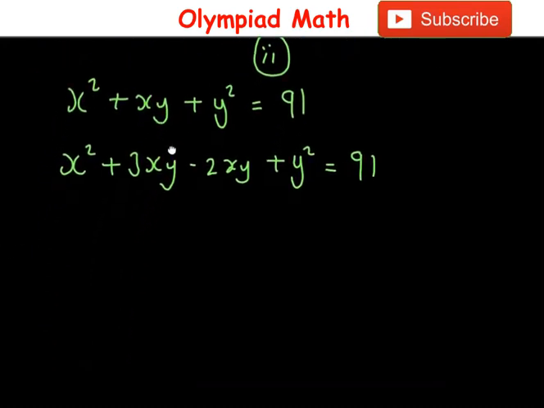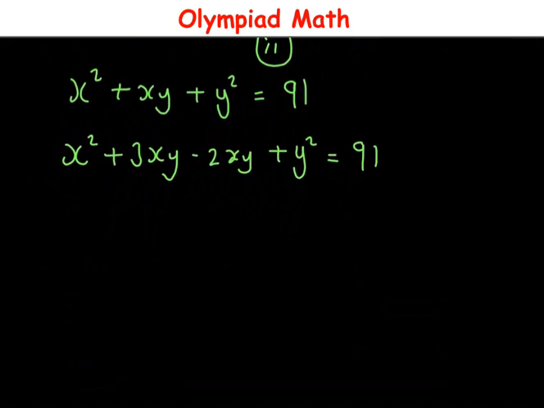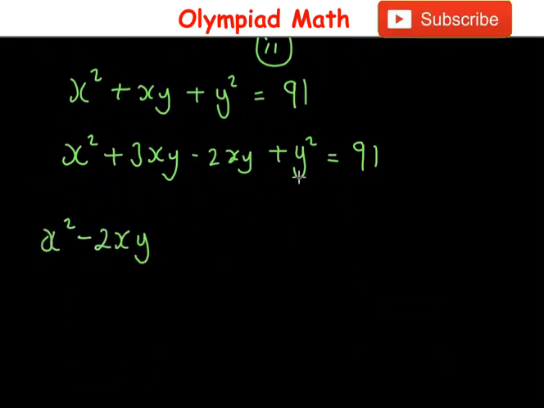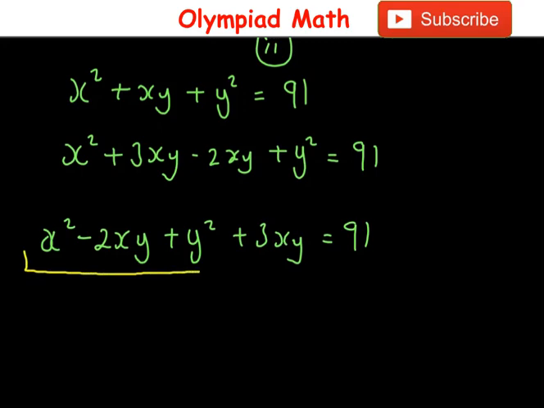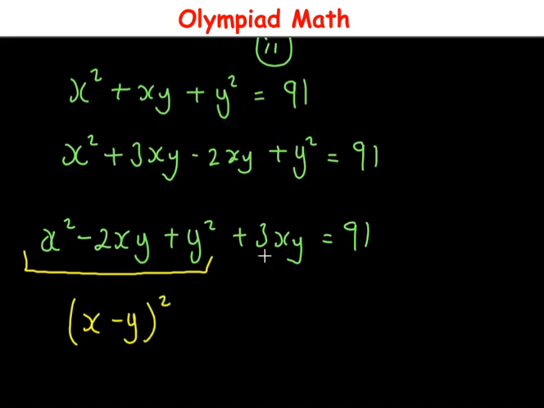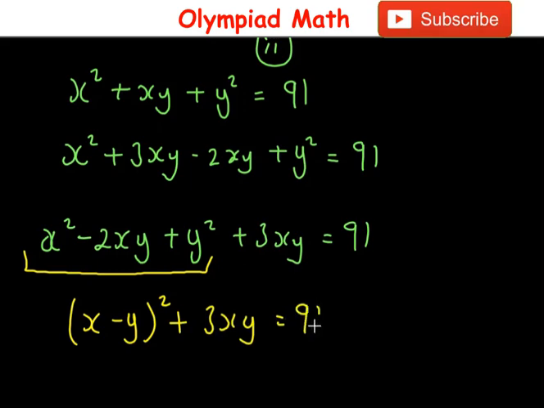If we rearrange, we have x squared minus 2xy plus y squared plus 3xy equals 91. Looking at this, x squared minus 2xy plus y squared equals x minus y all raised to power 2. Then we have plus 3xy, this equals 91.